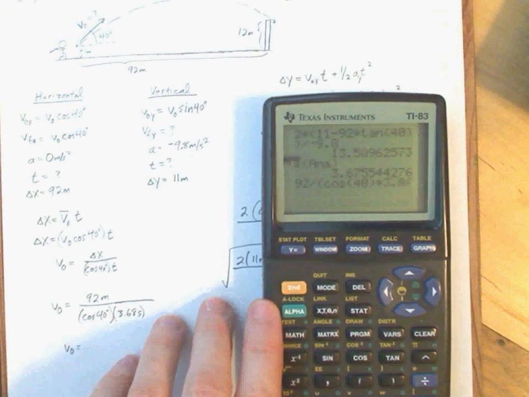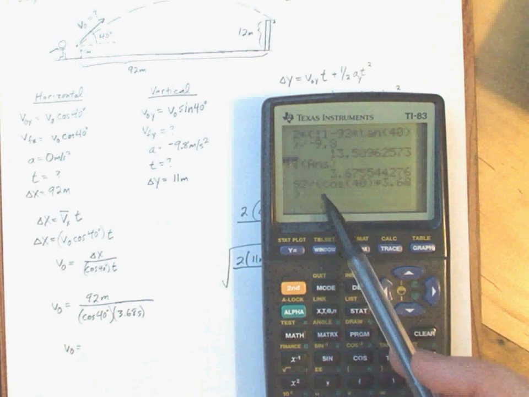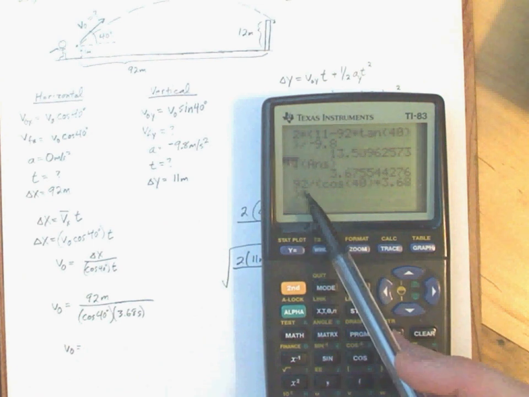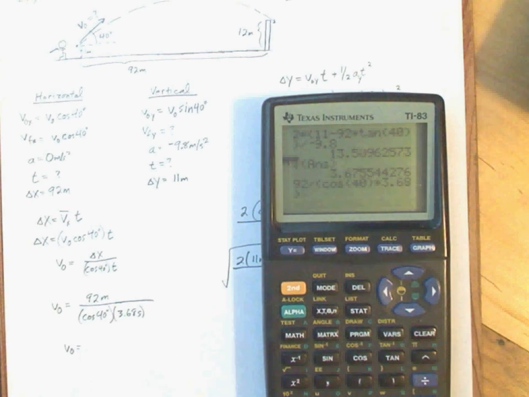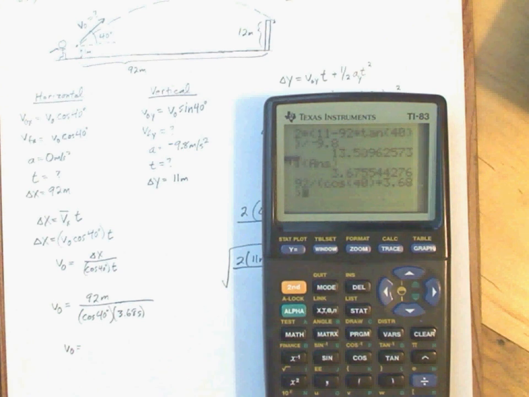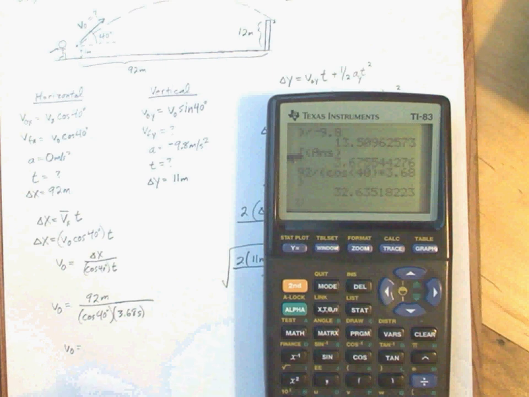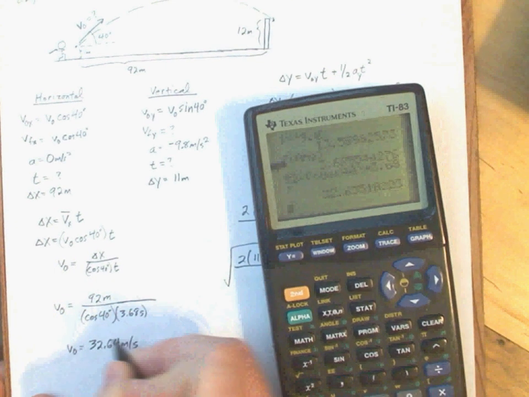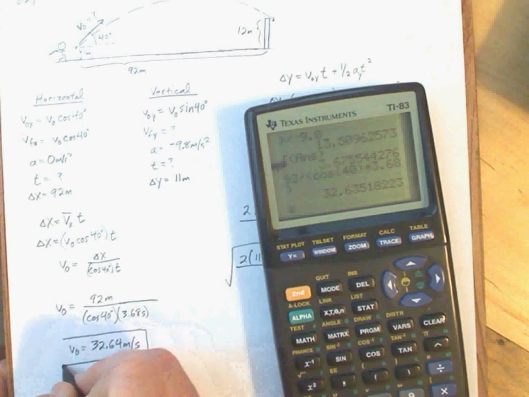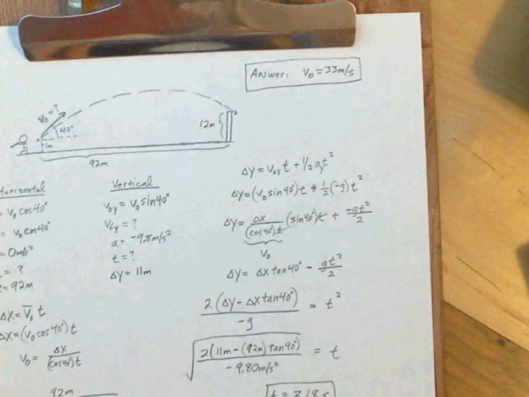You notice that on my calculator there, I did put a parentheses at the beginning and the end, so I knew I was taking 92 and dividing it by the whole thing, not taking 92 dividing it by cosine of 40 degrees and then multiplying that result by 3.68. Okay, and I get 32.64 meters per second. And if I was a big fan of sig figs, which I should be, I see that my answer was actually 33 meters per second, so that seems to fit.